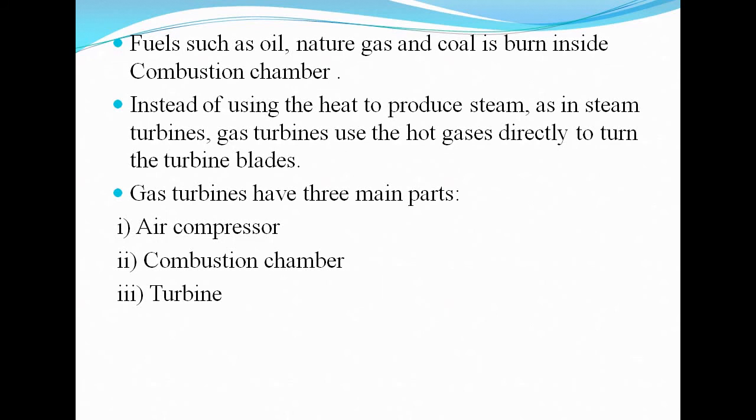We have seen in the case of a steam power plant, the heat of coal is used to convert water to steam, and this steam is bombarded on the turbine.